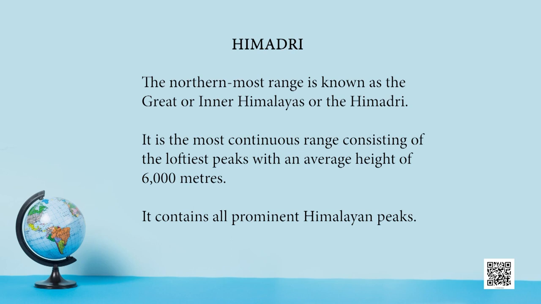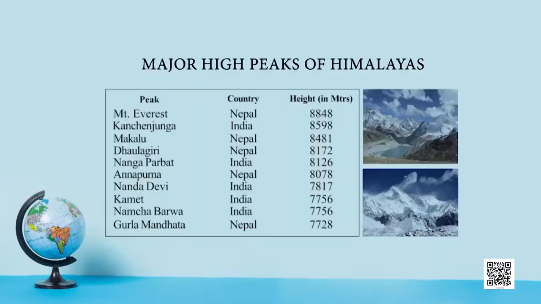It is the most continuous range consisting of very high peaks with an average height of 6,000 meters. It contains all the prominent peaks. Let me tell you which are the prominent peaks. Yes, you are right. Mount Everest, Kanchenjunga, Dhaulagiri, Nanda Devi, Nanga Parvat, Namcha Barwa and many more.